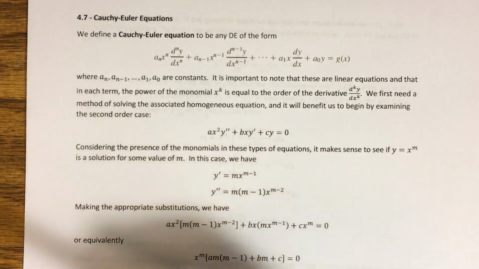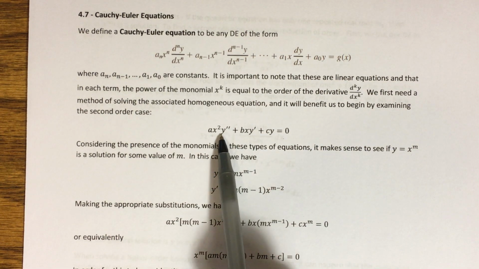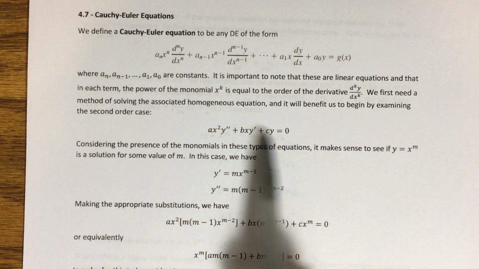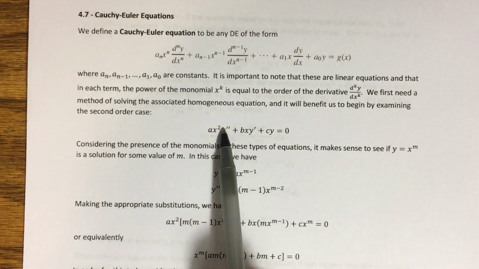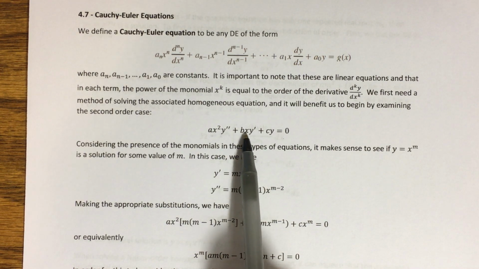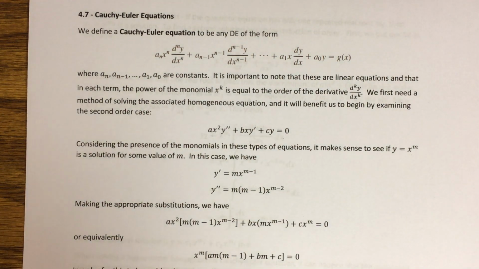We'll look at higher order equations later, but for now, let's suppose that our goal is to solve a second order homogeneous Cauchy-Euler equation, which would look like this. This is the general form: a x squared y double prime, seeing the power matching the derivative, b x y prime, first power on my x, first derivative of y, plus c y equals 0.